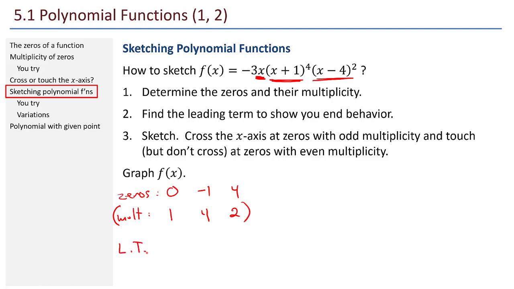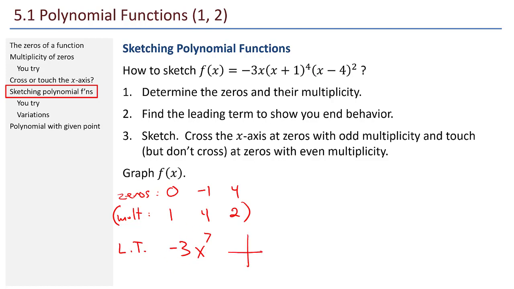What is the leading term of this polynomial? I have a constant out front of -3. I'll put that -3 there. How about my x's? How many x's do I have? I have 1 at the beginning, and then 4, and then another 2. So that looks like 1, 4, 2, maybe 7 x's. So what does -3 x to the 7 look like?